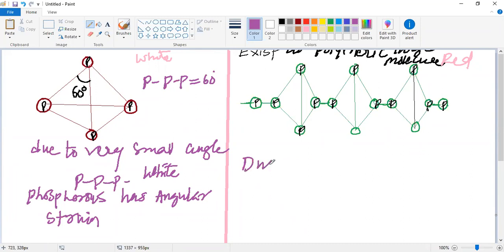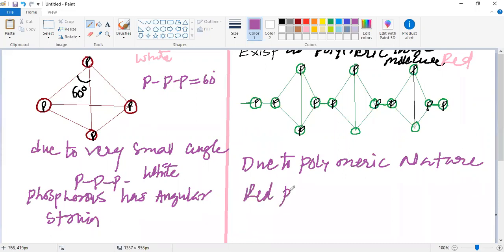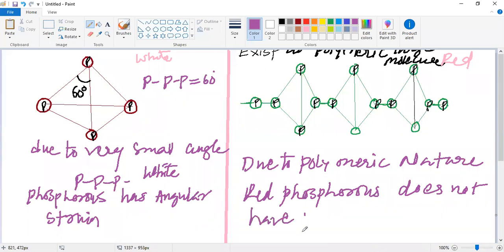Due to its polymeric nature, red phosphorus does not have angular strain.